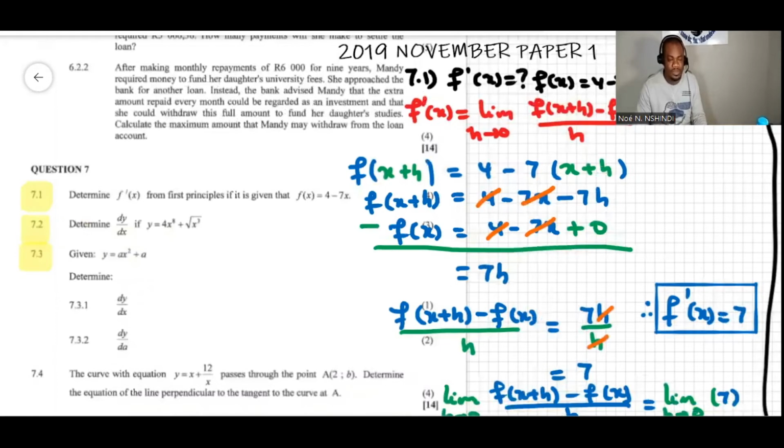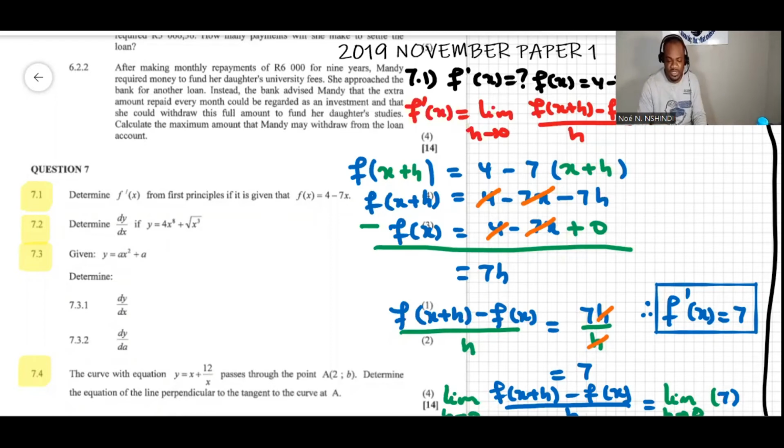Okay, here the question says that the curve with expression y equal to x plus 12 over x passes through the point A. Determine the equation of the line perpendicular to the tangent to the curve at A. Okay, I prefer to read it over. The curve with equation y equal to x plus 12 over x passes through the point A. Determine the equation of the line perpendicular to the tangent at the point A.